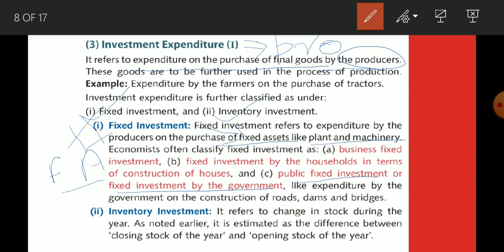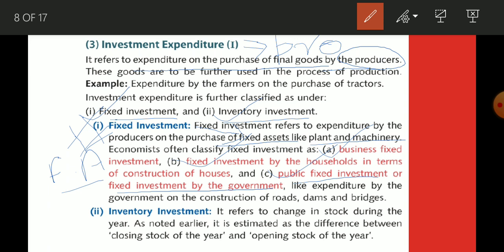Read it properly. Two parts of investment: fixed investment and inventory investment, and again the three parts of fixed investment: business fixed investment, investment by the household, and public fixed investment. Okay, now inventory investment. Already when I was teaching you the first chapter, basic concept of macroeconomics, I had told you about inventory investment.